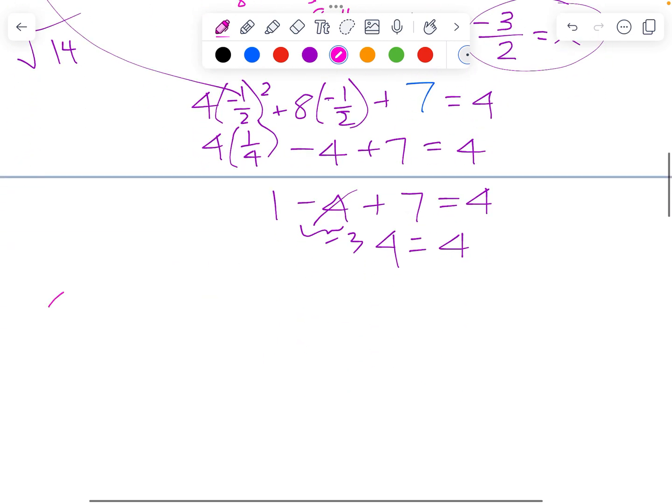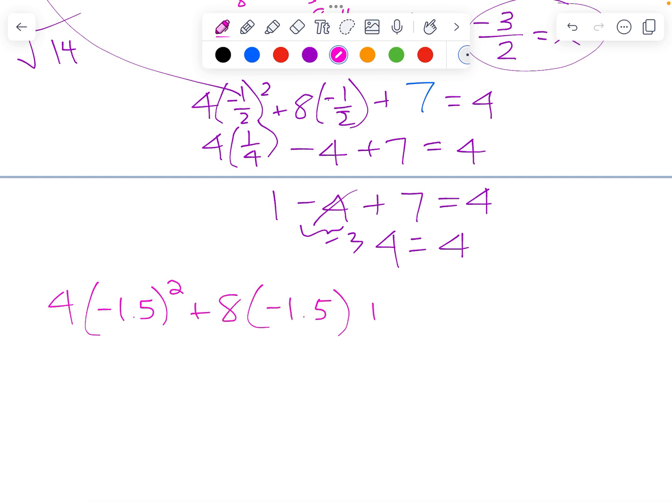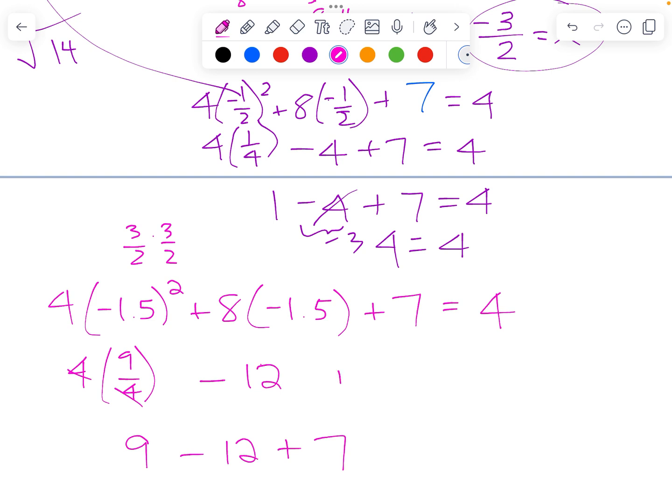If I wanted to plug the other one in, 4 times negative 1.5 squared plus 8 times negative 1.5 plus 7, get that right this time, equals 4. So then you could use a calculator to square 1.5 if you wanted, or you could use its fraction form, 3 over 2 times 3 over 2, so 4 times 9 over 4, which is going to give me 9, and then 8 times negative 1.5 is going to give me negative 12, so 9 minus 12 plus 7.